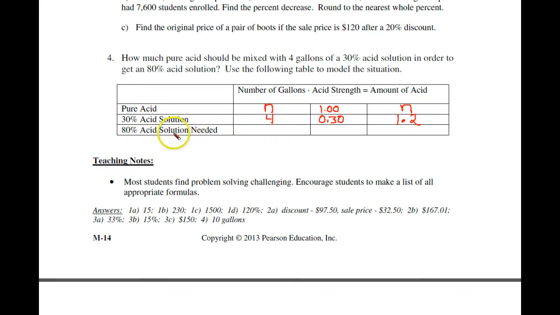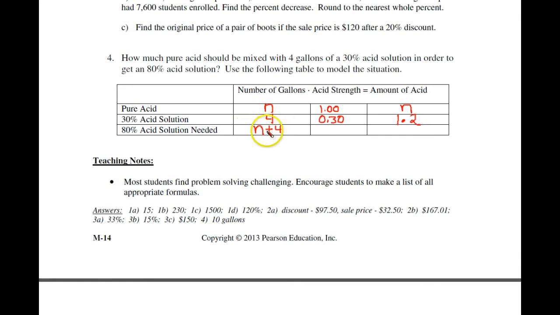Okay, now, we want to get 80%. Now, how many gallons will we need to get that 80%? Well, we're going to need our pure acid, which is N, plus 4. So it's going to be N plus 4.